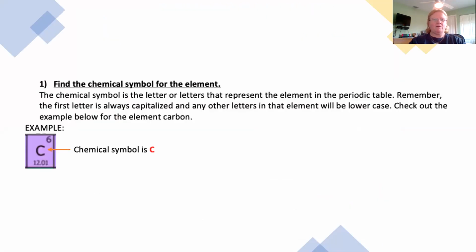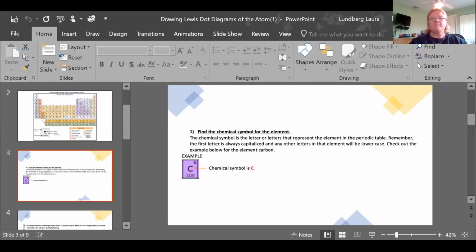All right, so step one: you have to find the chemical symbol for the element. The chemical symbol for this one, in this case carbon, is C. So we're going to look at our periodic table.